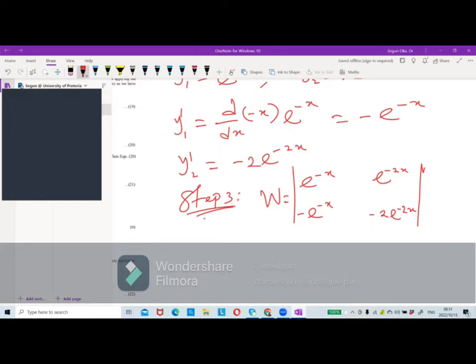So now, how do we solve this one? You remember the way we do it in matrices. This will multiply this, and this one will also multiply this. This is A, this is B. You remember? So A will go and multiply this. We have minus 2 exponential what?